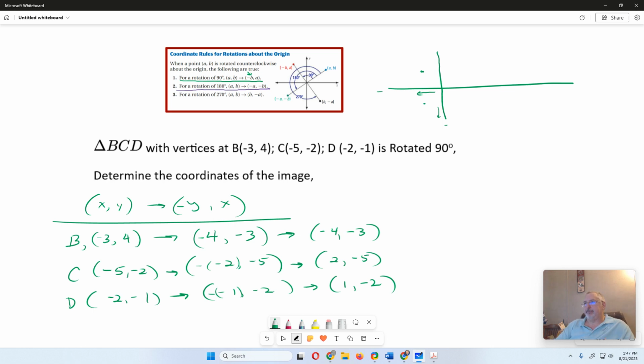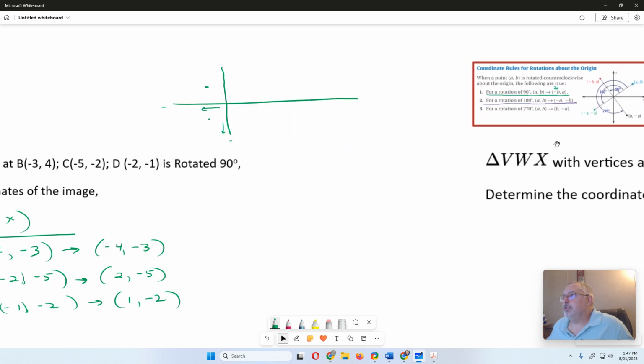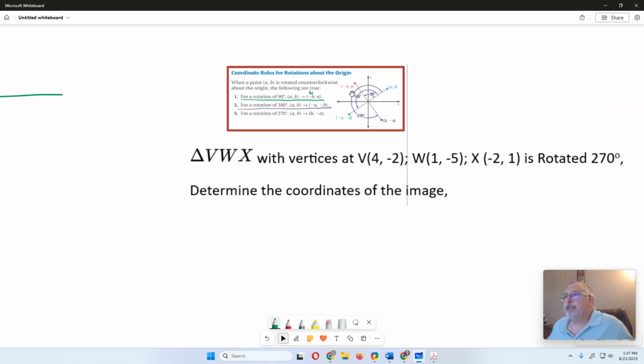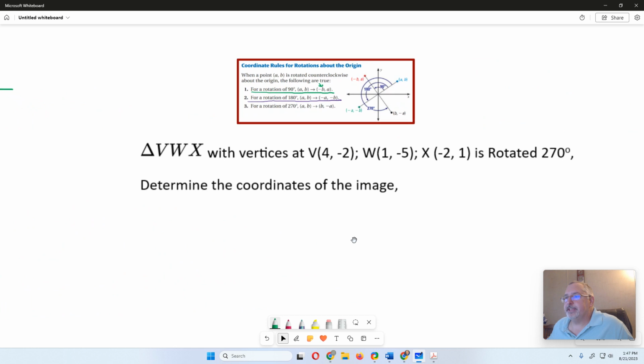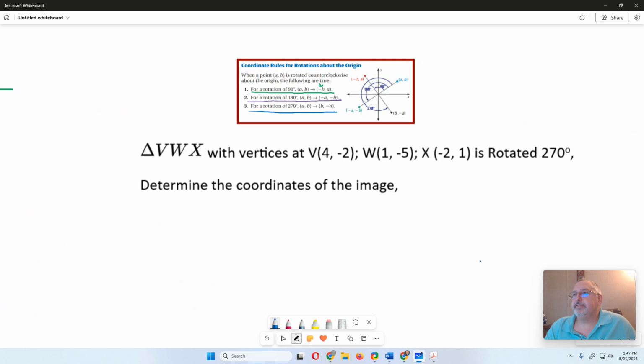So that's 90 degrees, and I've explained why the signs are the way they are. Let's look at the last one, which will be 270. This last one is a 270-degree rotation. Here is our rule for 270. Let's look at this in the coordinate plane.